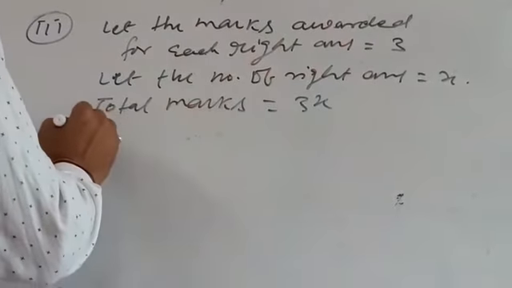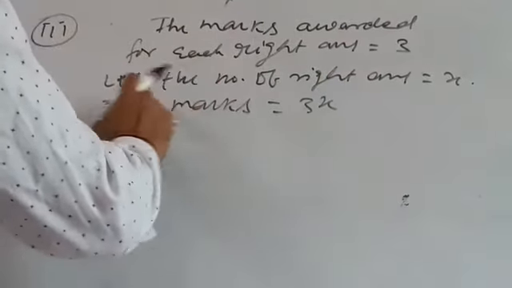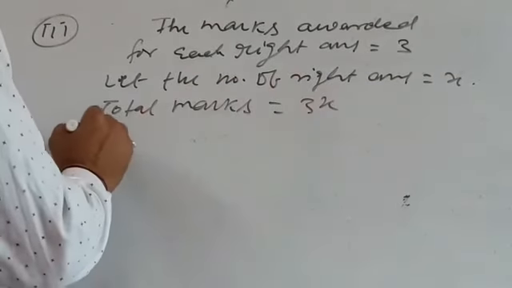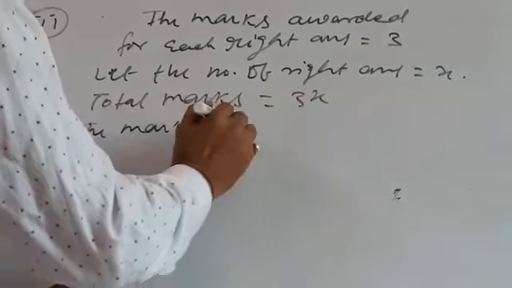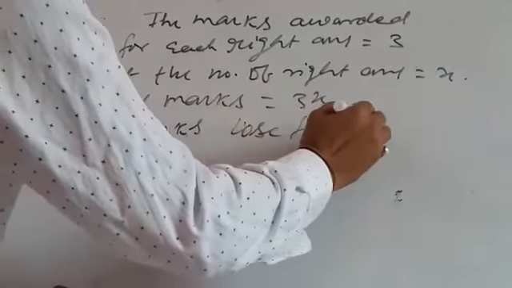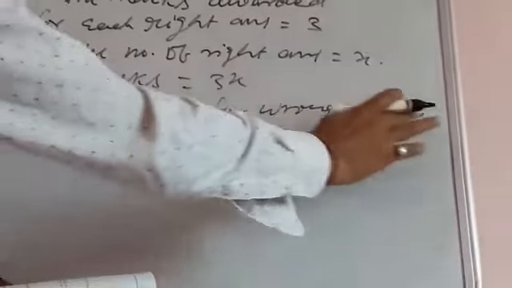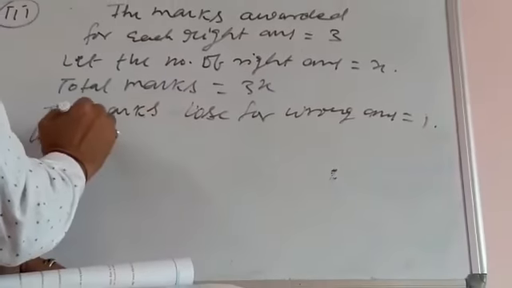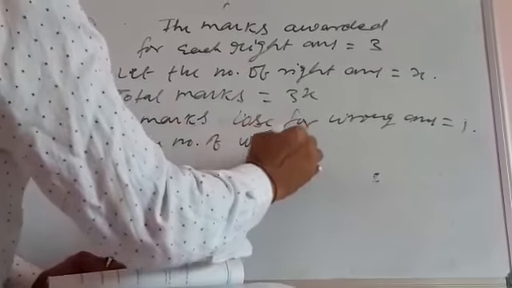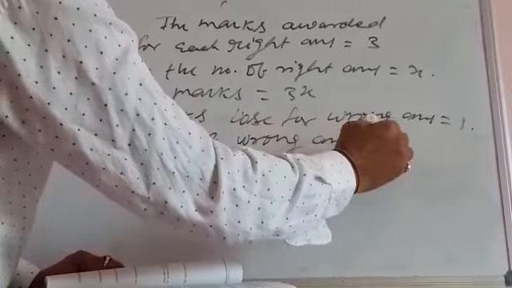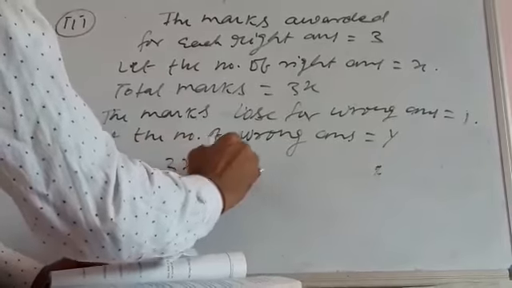The marks are already given; we need to assume the total marks 3X. The marks lost for a wrong answer is 1, it is given in the question. Let the number of wrong answers be Y. So as per this, the condition would be 3X minus Y is equal to 40.